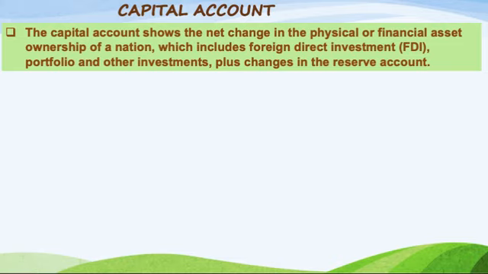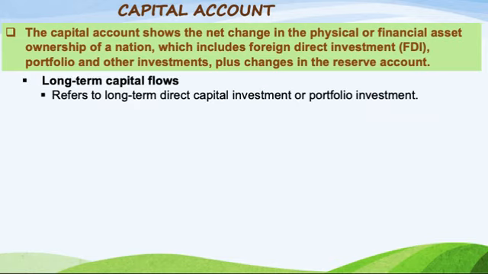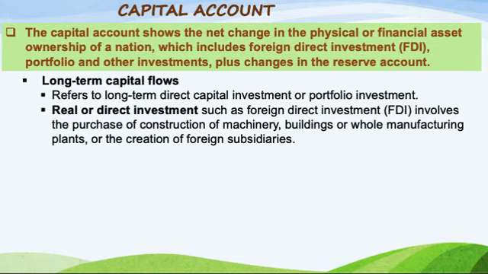So in the capital account we have long term capital flow. What is that? It refers to long term direct capital investment or portfolio investment. What is direct investment? Such as FDI, it involves the purchase or construction of machinery, buildings or whole manufacturing plants, or the creation of foreign subsidiaries.